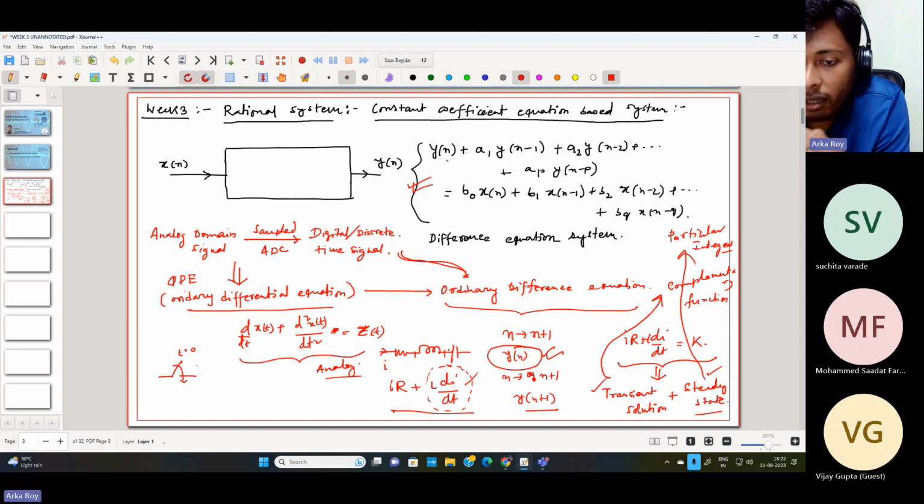And if I draw current or voltage from the particular system at t tends to infinity, we will be having the steady state solution. So likewise, whatever we have in the analog domain can be used as an analogy towards the digital domain in terms of transient solution and in terms of steady state solution.